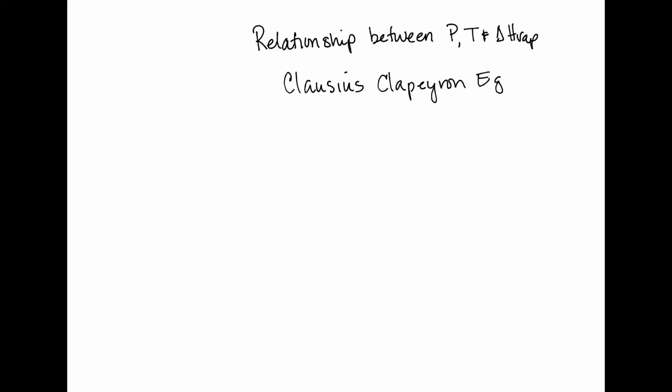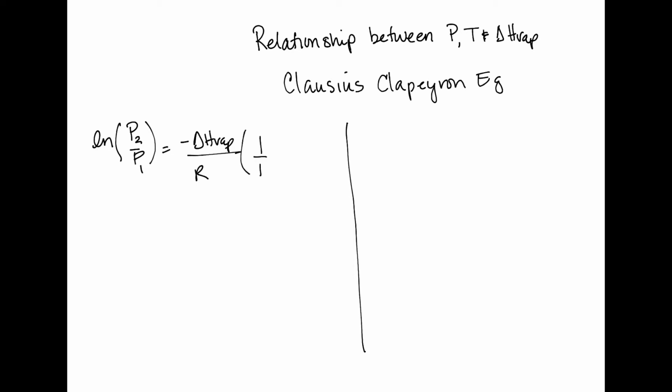And there's actually two forms of this equation, so I'm going to talk about both of them really quick. If you measure just two pressures and two temperatures, we have one form of the equation that looks like this. So this is the 2-point form because you're just measuring two pressures and two temperatures.